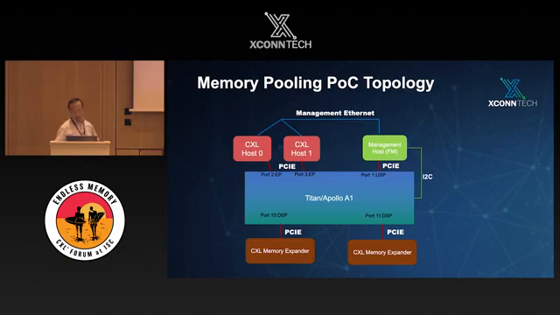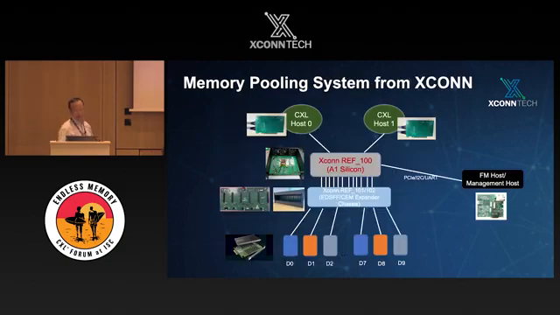Let me show you another picture, which is the hardware setup we're using in our lab. I put some of the reference design hardware boards here. From the CXL host, we have some retimer boards that connect to our switch. In the middle is our switch, the reference design platform we just showed.